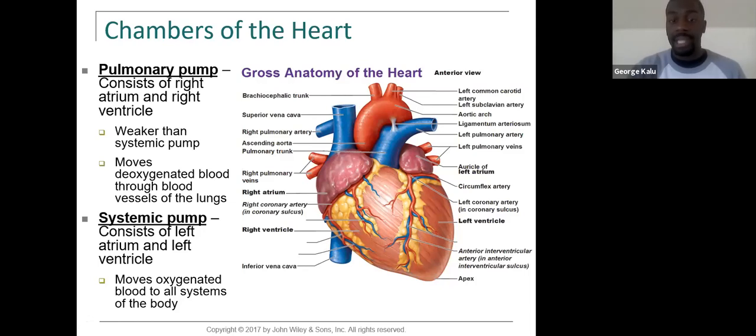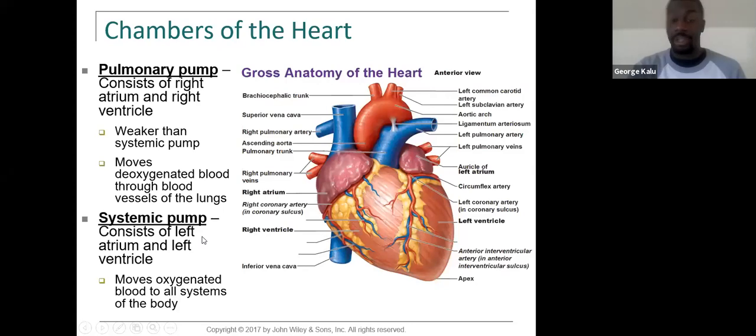The blood getting pumped out of the right side of the heart is deoxygenated, and when it reaches the lungs, the lungs oxygenate that blood. So the role of the pulmonary pump is to pump blood into the lungs to be oxygenated.